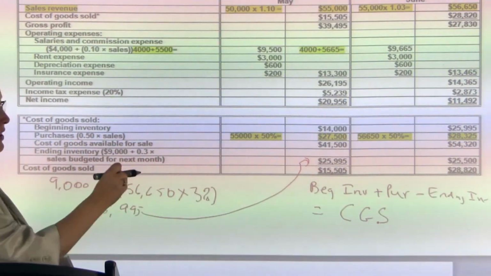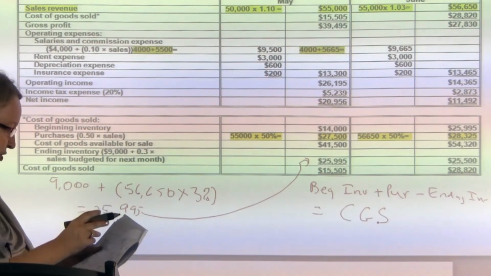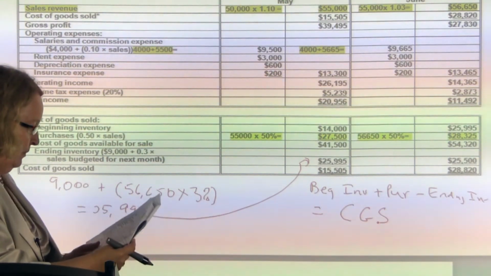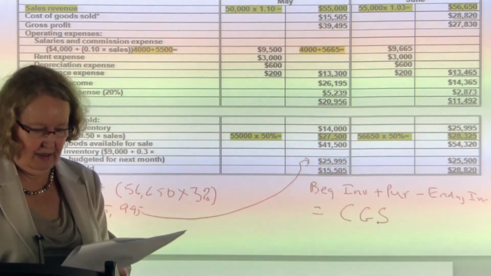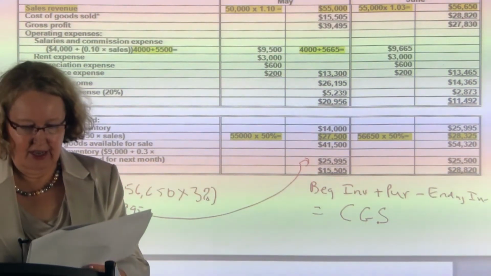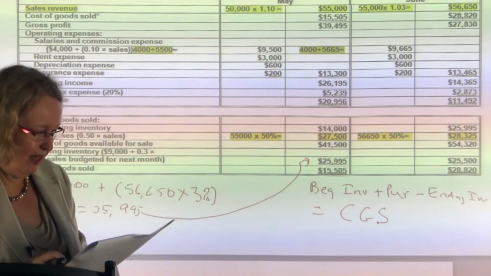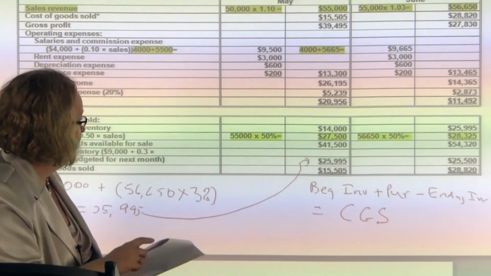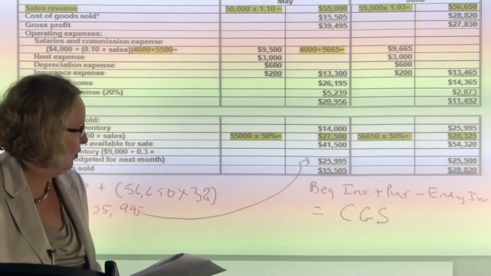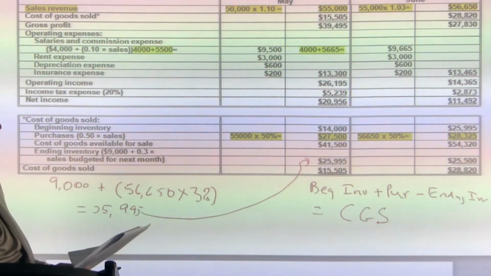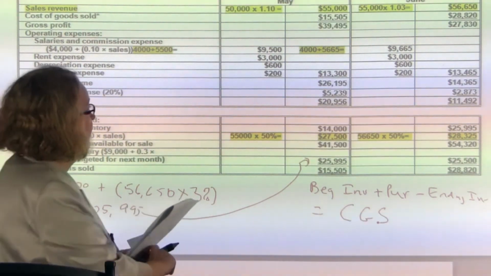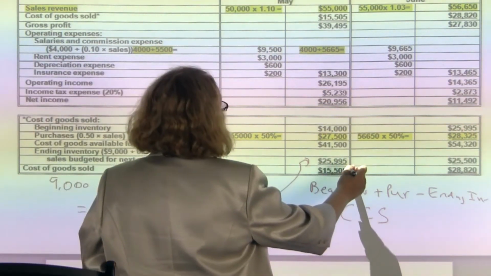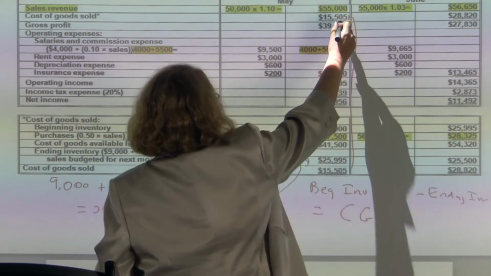And you're doing the same calculation, of course, for the month of June. So when you go back up, this is your cost of goods sold, your 15,505. You bring that figure up here. So that's how your cost of goods sold is calculated.